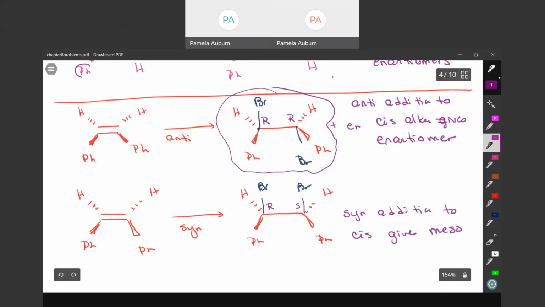So the reaction is completely stereospecific, and there will be cases where you're going to have to analyze a product to determine what alkene you started with, and you need to remember that you need to work with the stereochemistry to do that. So that was my selling point on that one.